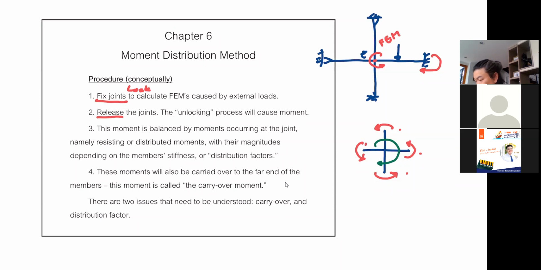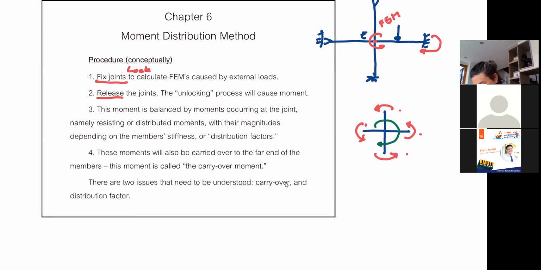Okay, but when you have this stuff, to maintain the equilibrium, you need to have this moment, so that at this particular point, everything is also balanced.